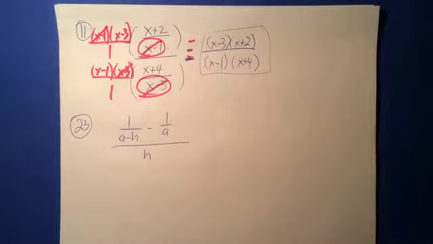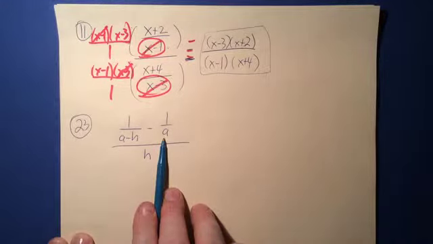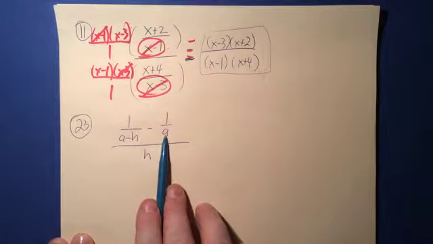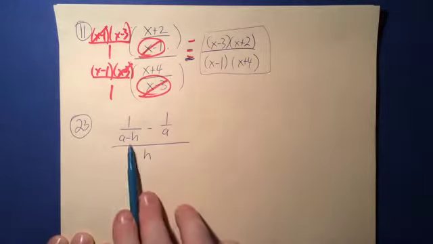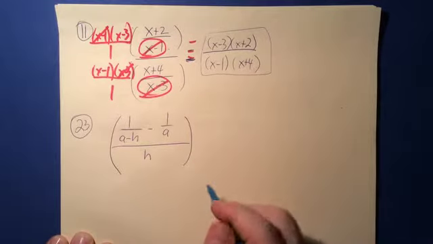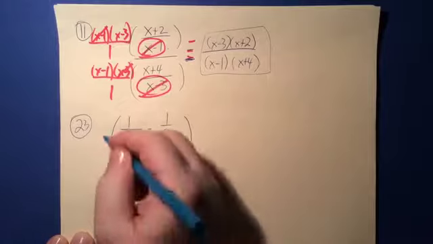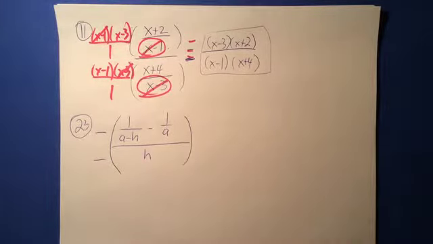So what we're going to try to look to eliminate is the quantity of a minus h here and the quantity of a here. So we're going to look to see what the least common denominator of these two fractions are. Since they have no factors in common, we are going to multiply the top and the bottom, because what we do to the top we have to do to the bottom.